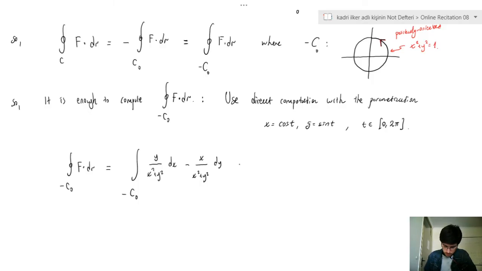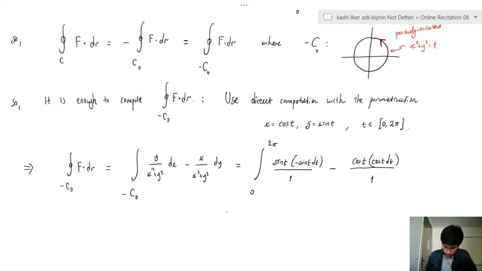So let's try to compute using this parameterization. Instead of y, we have sine t. Instead of dx, we have minus sine t dt. But x squared plus y squared is just 1. x is just cosine t, and dy is again cosine t dt, divided by 1.